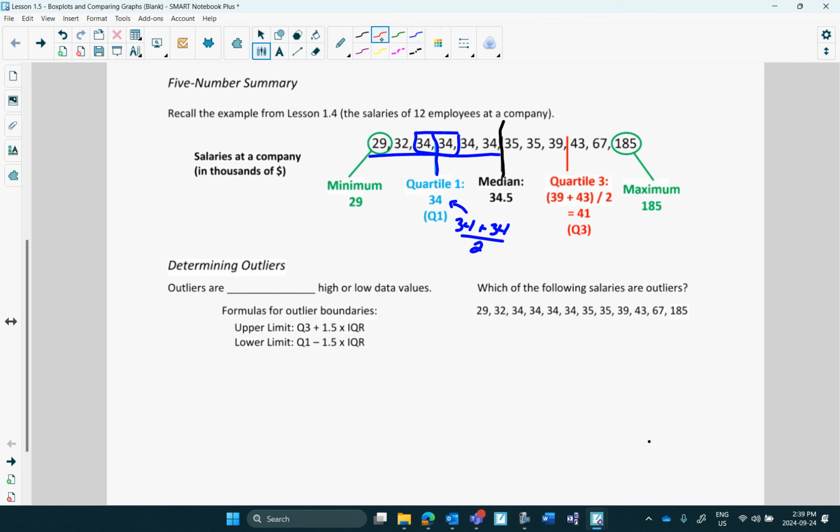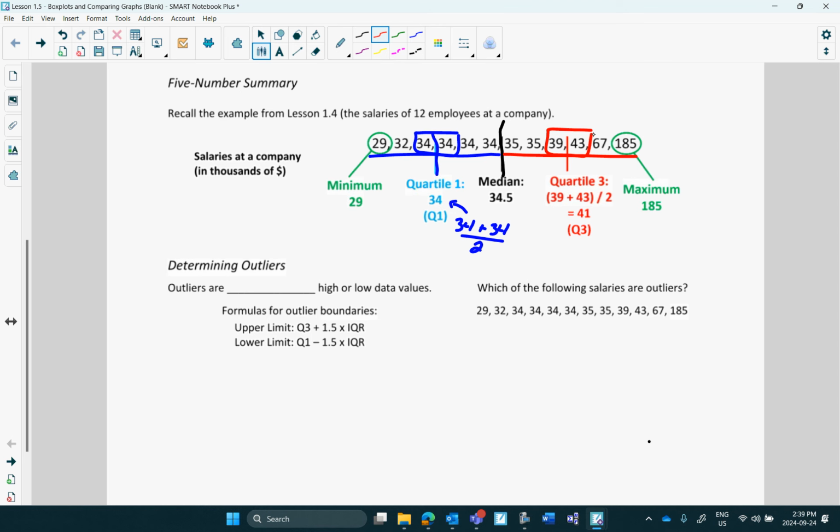To get Q3, we take the upper 6, find the 2 in the middle because it's an even number of data values, and average them. So Q3 will be the average of 39 and 43, which works out to 41.